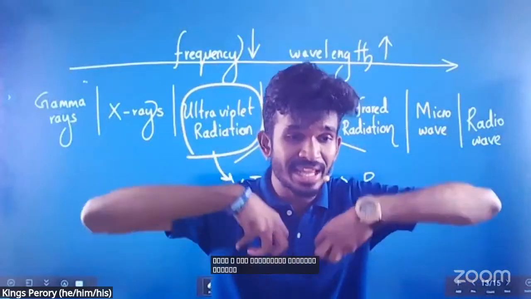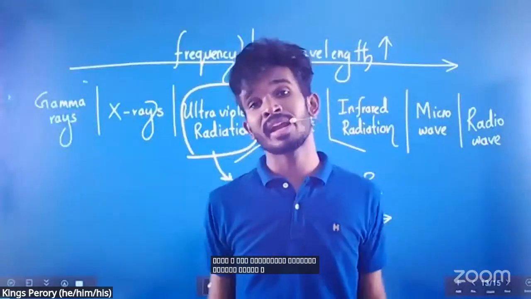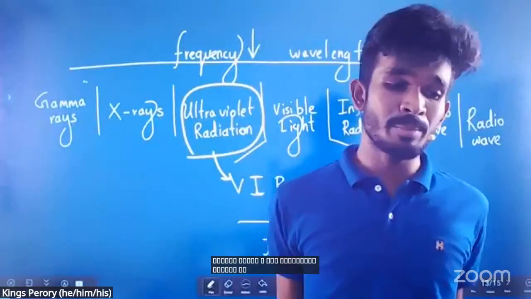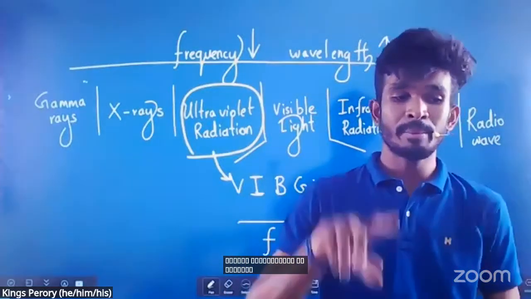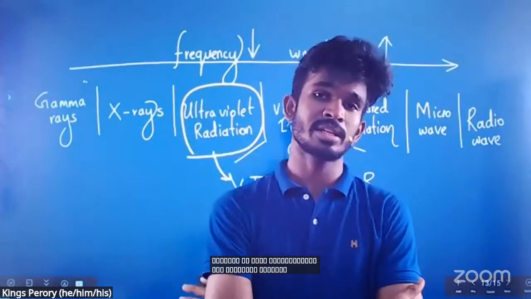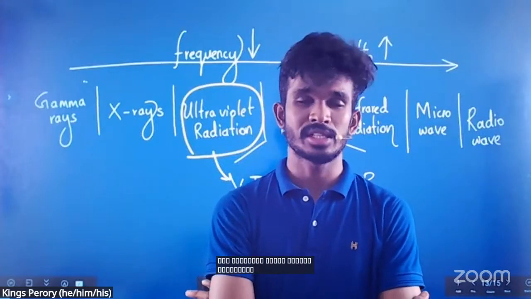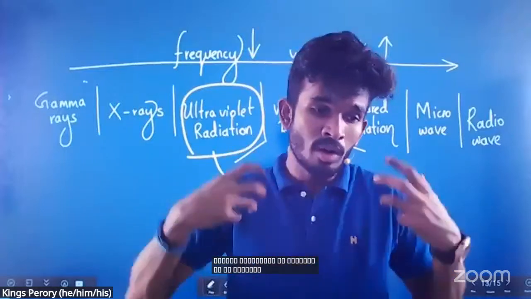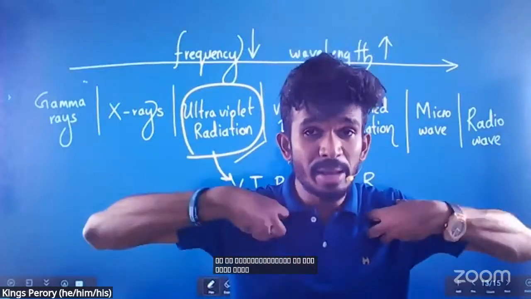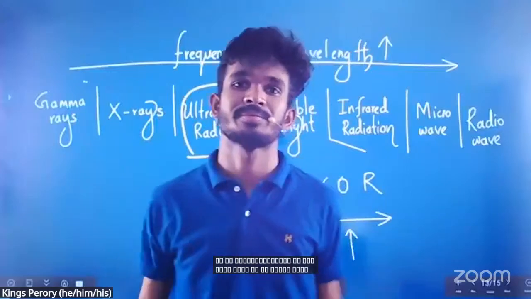Best example, we humans. Our body temperature is 37 degrees Celsius. So compared to the environment, we are a hot body. So we emit heat rays.